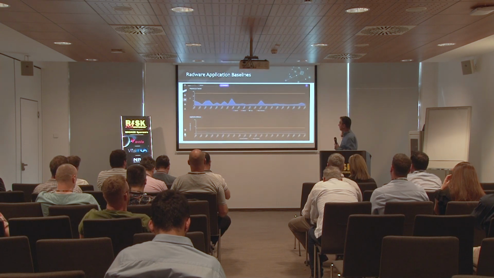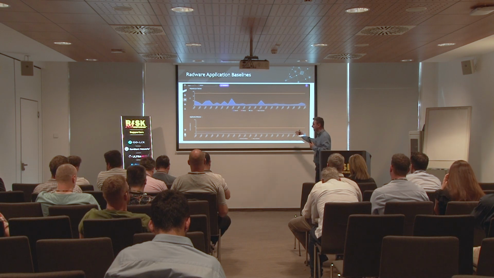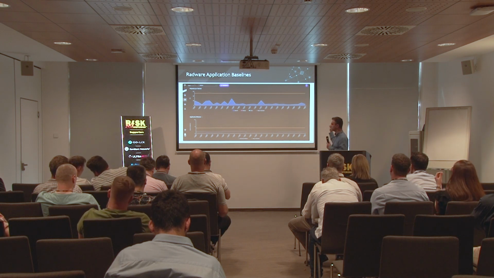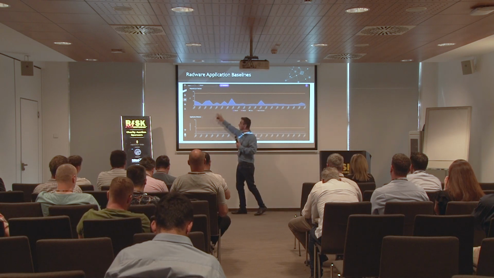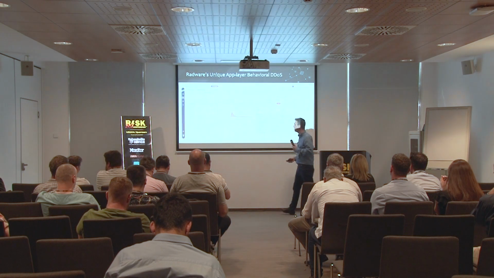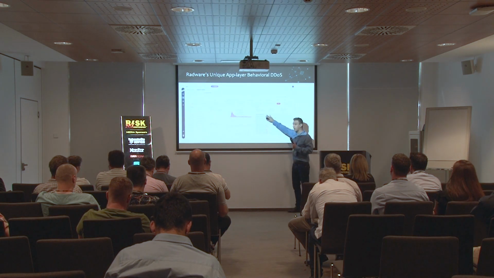Okay, so statistics from the portal. Again, if you are one of our customers, you are able to log into our portal and see how the application behaves, the requests per second statistics, and the real-time signature.